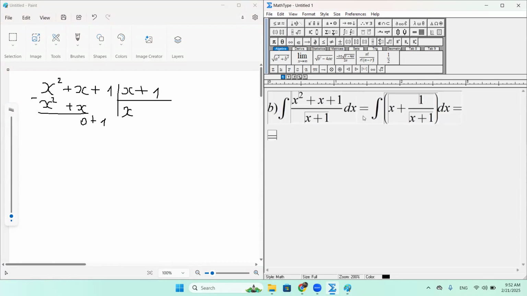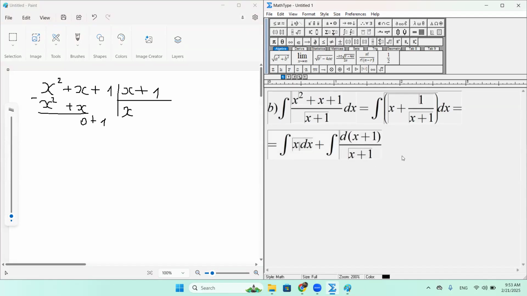So this is the sum of integrals. I can even split it to the sum of integrals, of course, just to remind you some properties of the integral. And basically, dx can be replaced with dx plus 1.